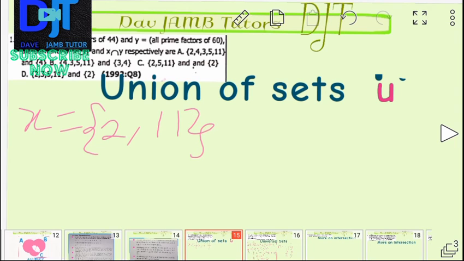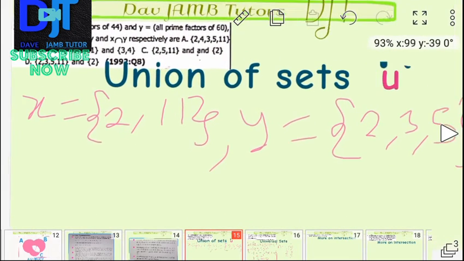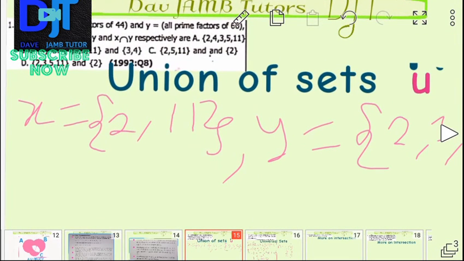Now they said y equals all prime factors of 60, and that is 2, 3, 5. They said the elements of x union y and x intersect y respectively are.